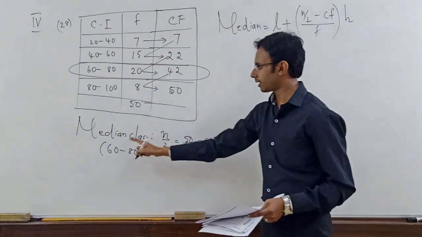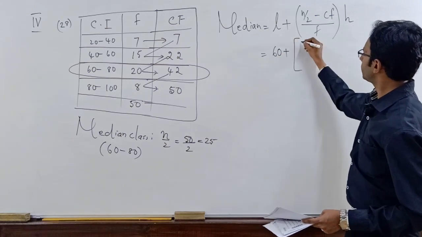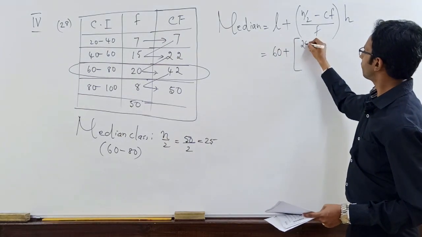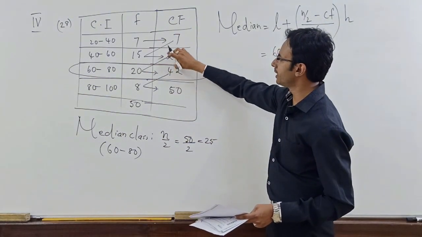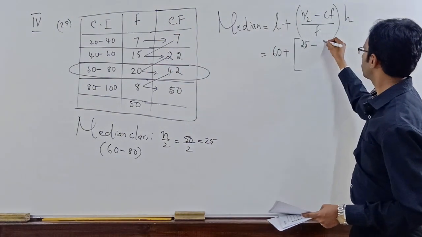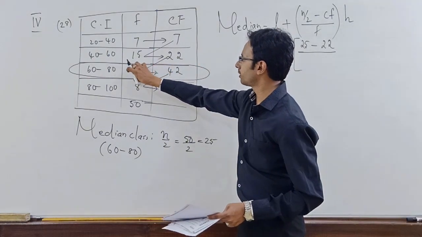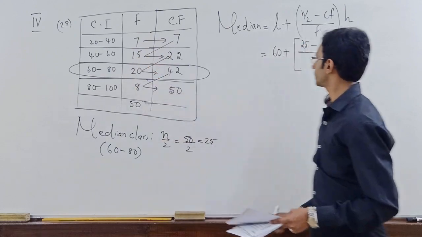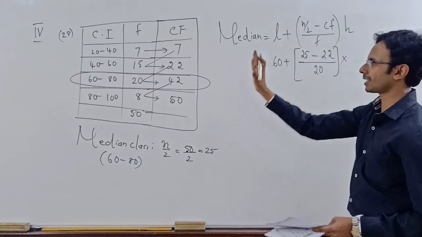Lower limit in the median class is 60, so L is 60. N by 2 is already calculated, which is 25. CF value is that value which is above the median class, so it is 22. Divided by frequency in the median class, whatever the value is there in the column of frequency, that is the value of F, into H is the size of the class interval.